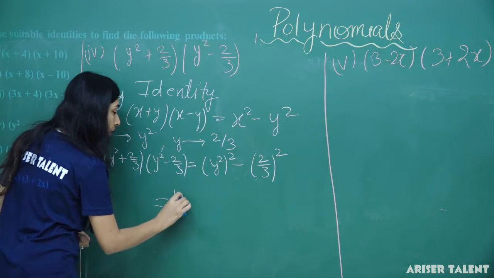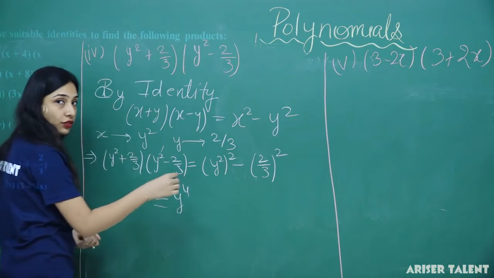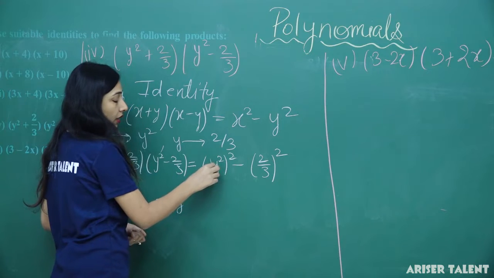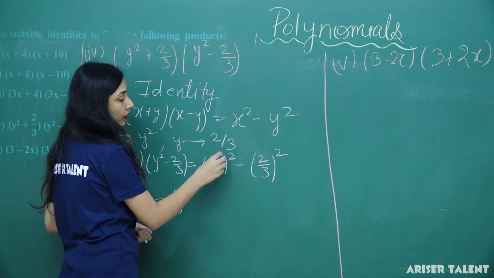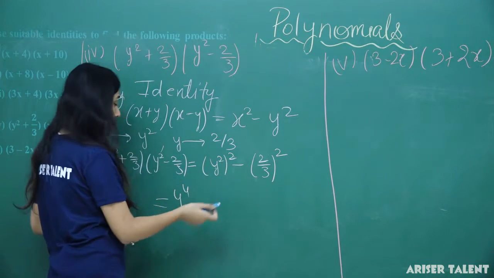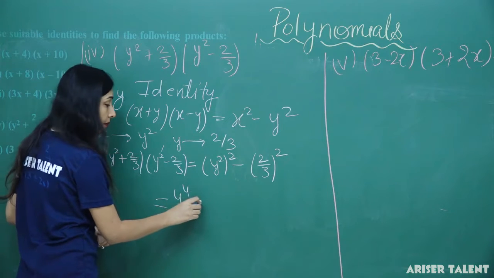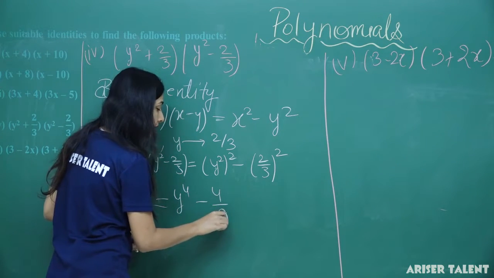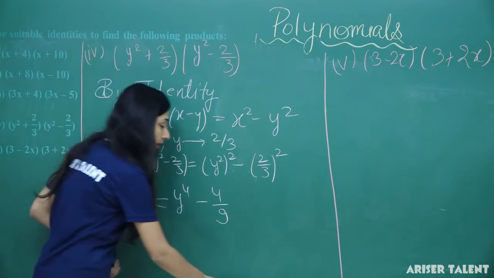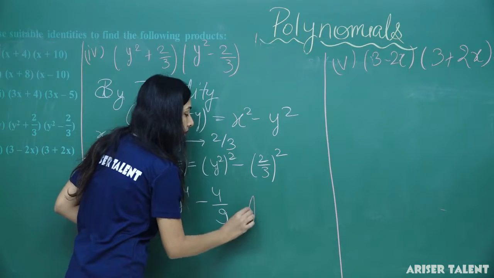That will become y raised to power 4, y square square, something like a raised to power m multiplied by n, okay, so that will be y raised to power 4 minus 9 by 4, and that will be your answer, and it's so simple.